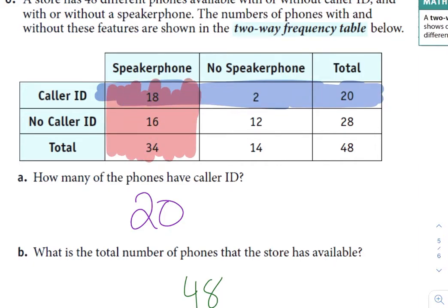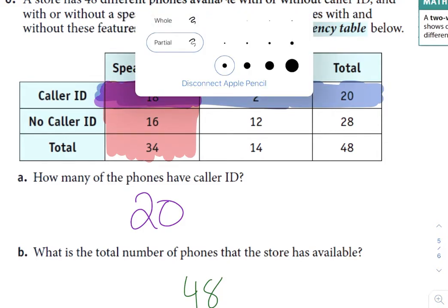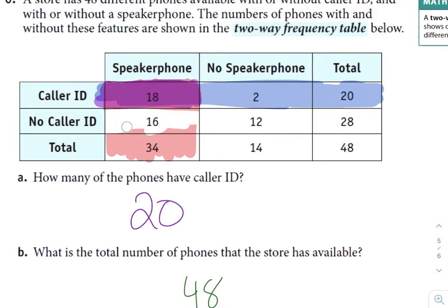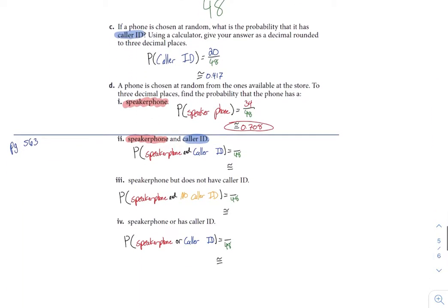So what we need is where both of these things are happening, which again is the intersection of the red and the blue, which gives us that purple one, which is going to be right here. So there are 18 phones that have both speakerphone and caller ID. Remember, you're looking at the intersection, which was just this one cell right here. So that's going to be our numerator.